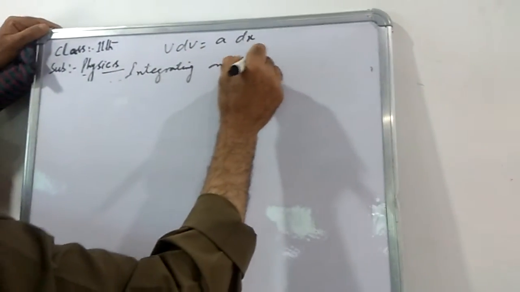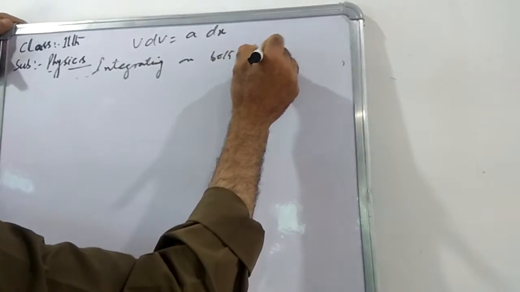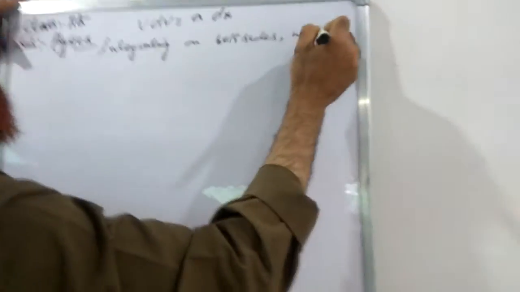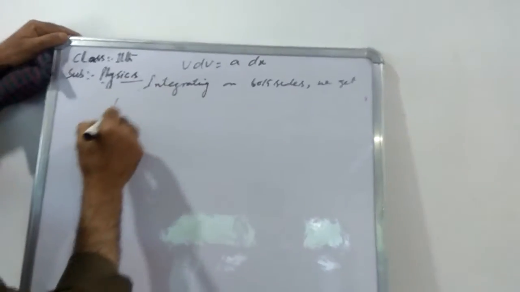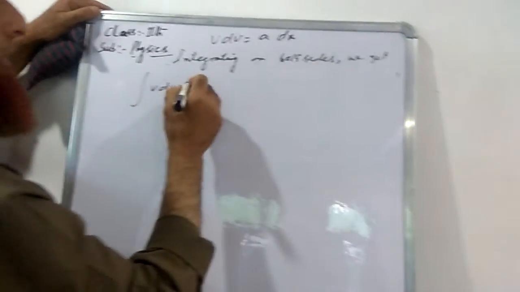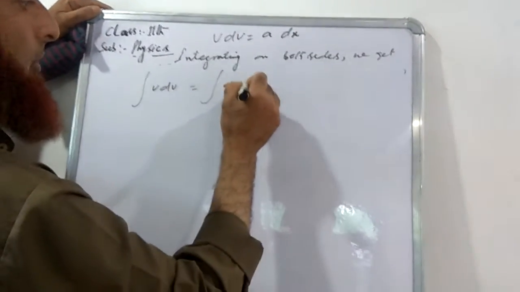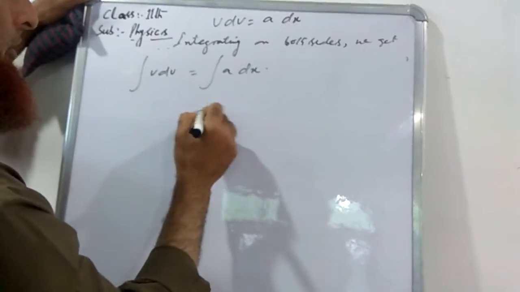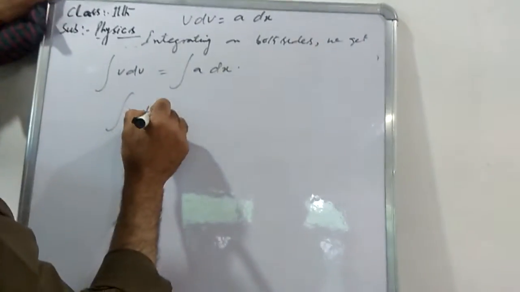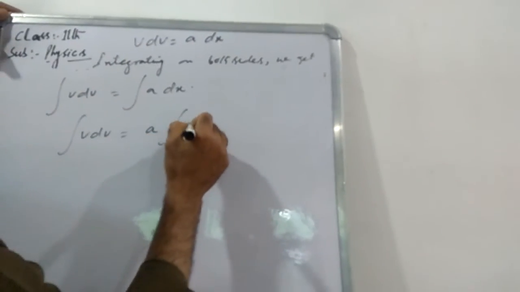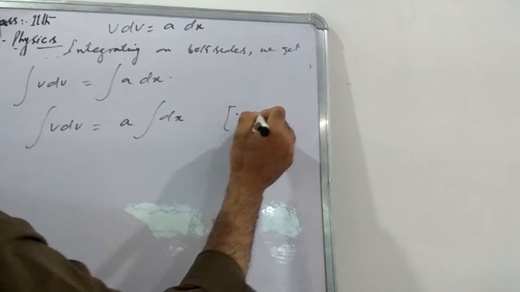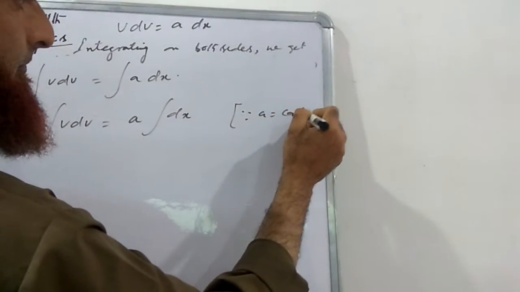Integrating on both sides, we get integral of v dv is equal to integral of a dx, because a is a constant.